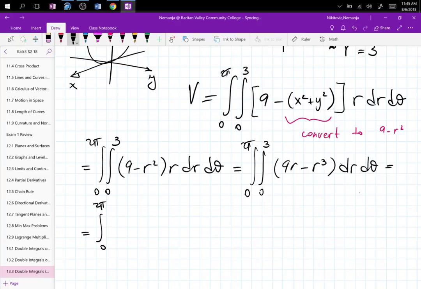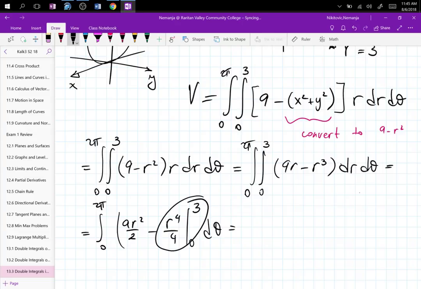0 to pi. I have 9r squared over 2 minus r to the 4 over 4 from 0 to 3 d theta. Guys, this over here is going to give you negative 81 over 4, which makes me happy, but I also see that the other will be wrong. Yes? How did you get 9r minus 1? This is r?